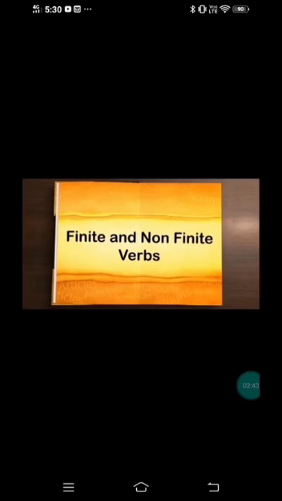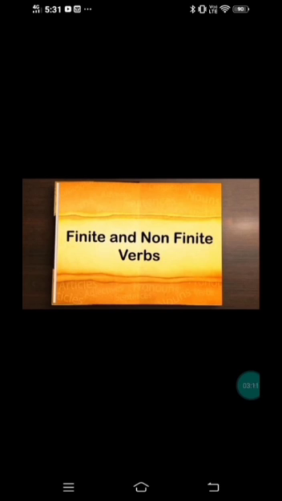So the verb is mainly divided into two types, children. One is finite and the other is non-finite verbs. Finite verbs change their form according to the person, number and tense. Here the person means first person, second person, third person. We all know all these things, right? And it changes according to the number.